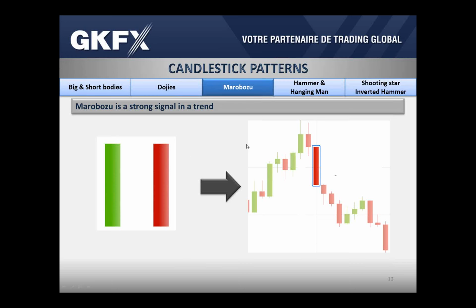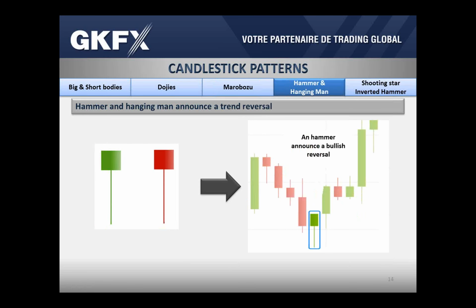The Maru-Bozu is a very interesting candlestick because it's giving a very strong and very reliable signal. It's a strong signal in a trend. You can see here a bullish trend, finally a reversal, a Maru-Bozu, and the Maru-Bozu is strongly dragging the exchange rate to the bottom. It's very, very powerful. It's like big bodies, but even more powerful and giving a more reliable signal.